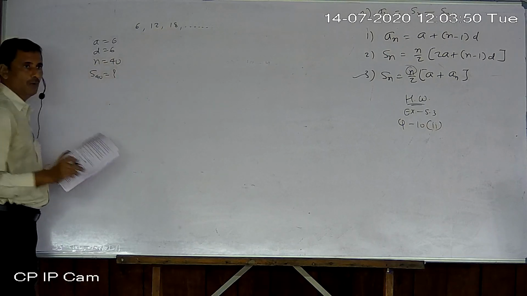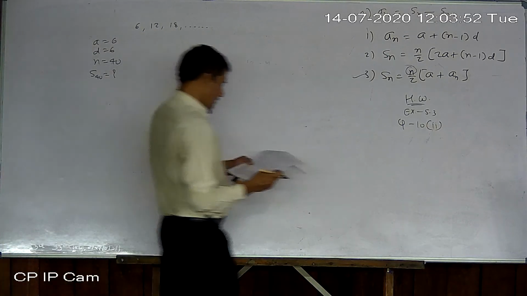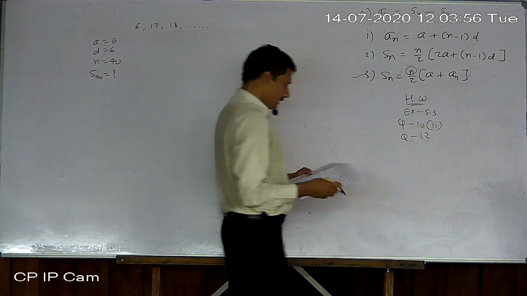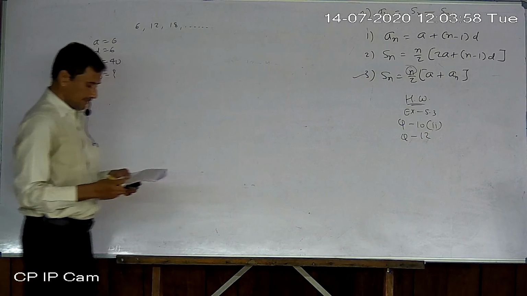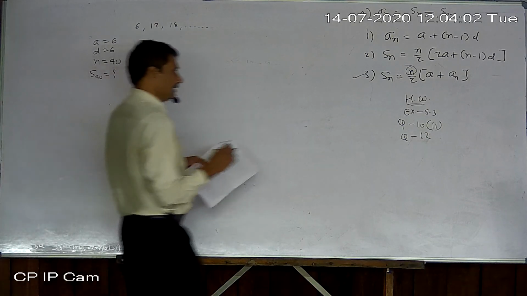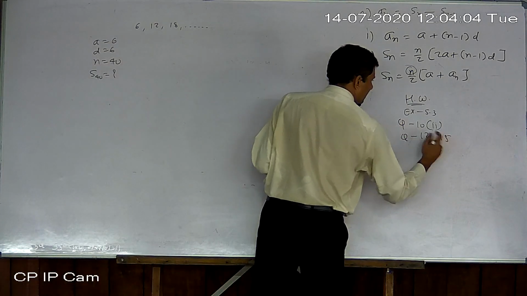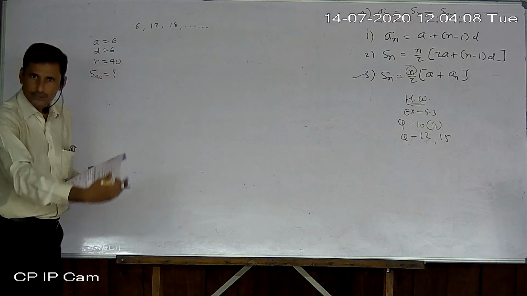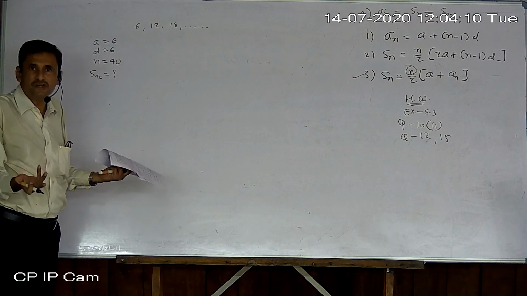Okay, so question number 12 is homework. Now in the same way, 13: find the sum of first 15 multiples of 8. So this is just like 12: 8, 16, 24, 32, and N will be 15 only.